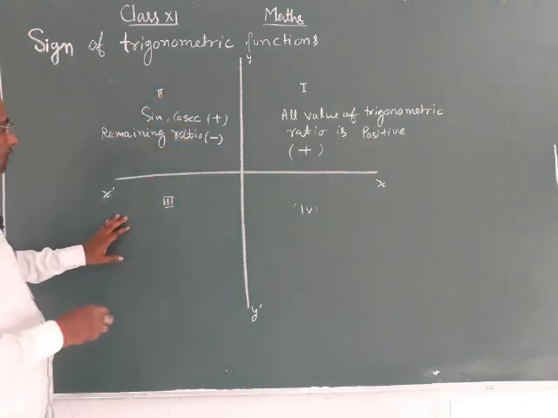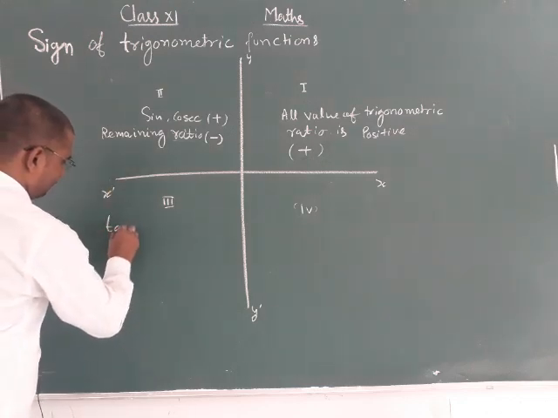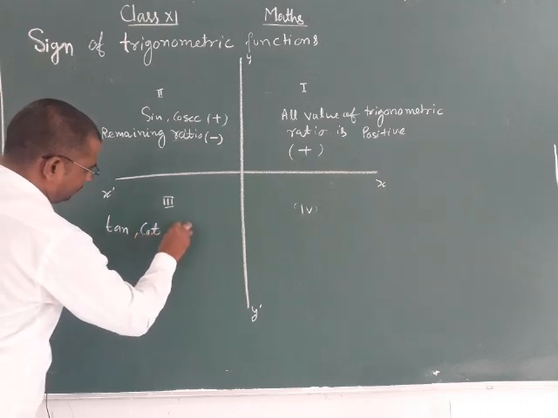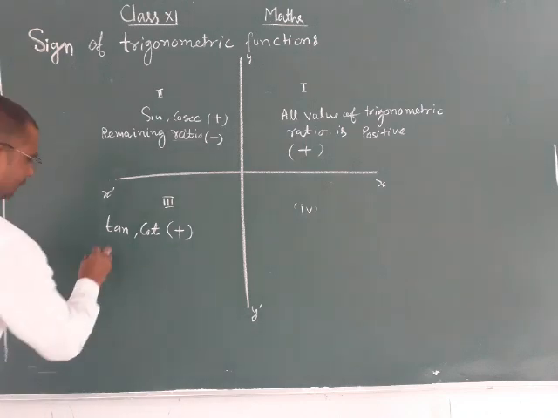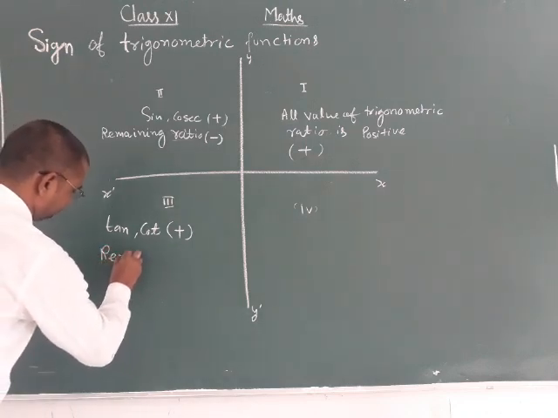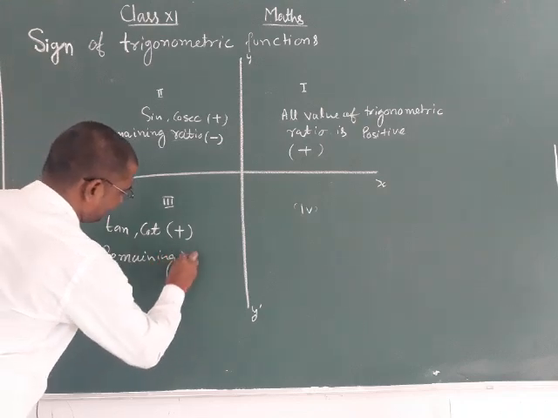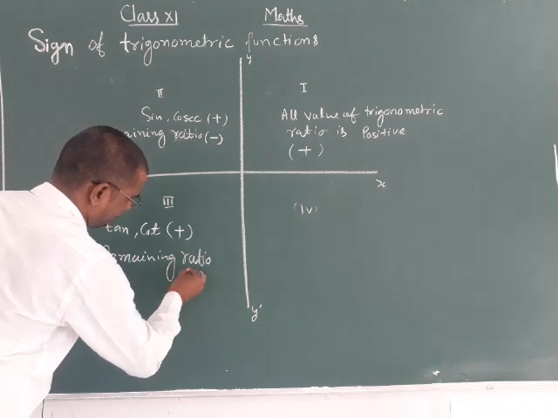And third, tan and cot values are positive and the remaining ratios will be negative.